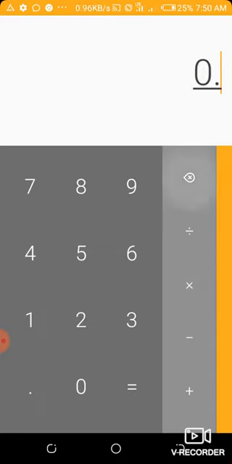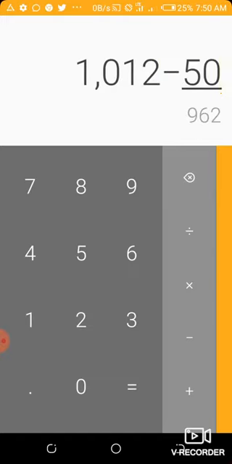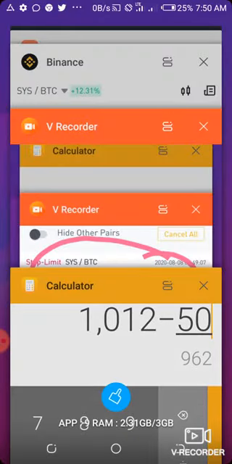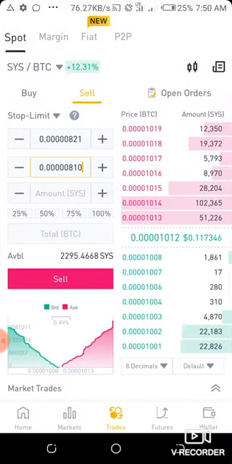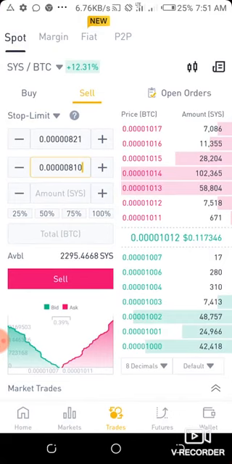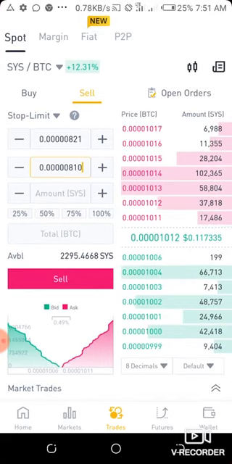Just subtract 50: 1012 minus 50 is 962. It means that if you use 962 as your stop limit on this trade, and the price decides to come down to 962, you have still made a profit of 5% on this trade instead of losing all your profit totally.